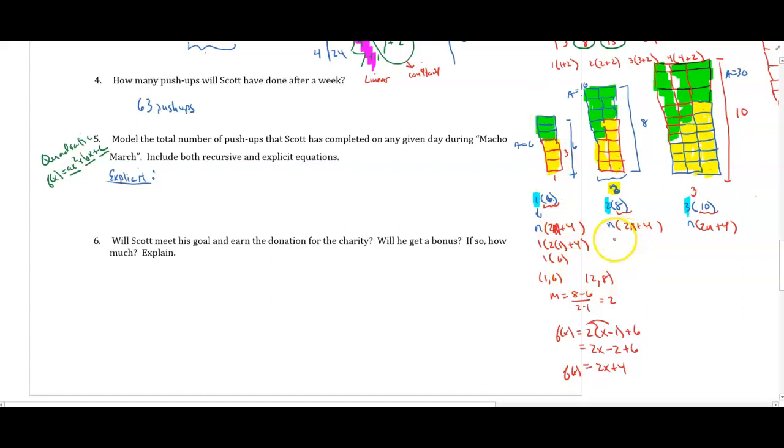Yeah. If I go to day 2, n is 2. So 2 times 2 times 2 plus 4. Right away here, 2 times 2 is 4. 4 plus 4 is 8. 2 times 8 is 16. Isn't that how many blocks I had here?